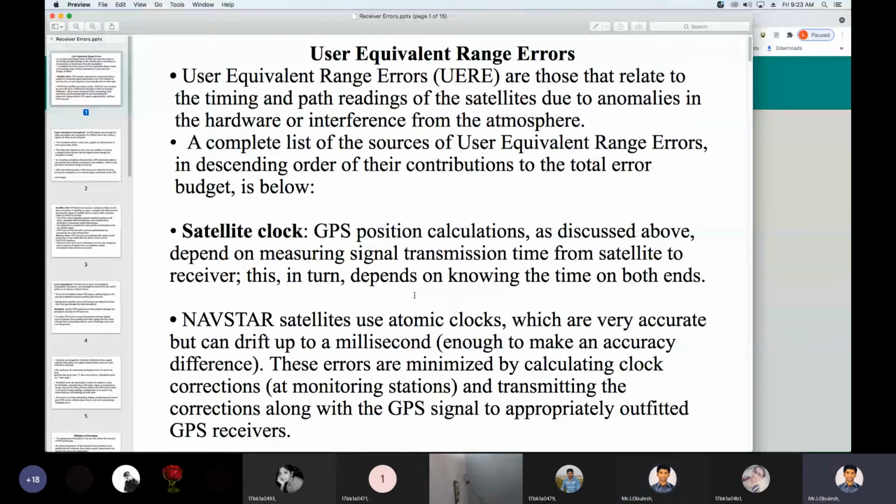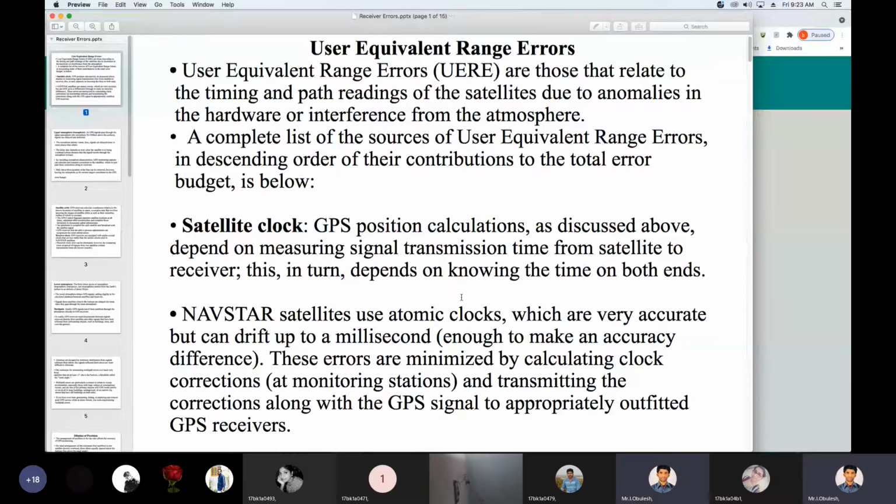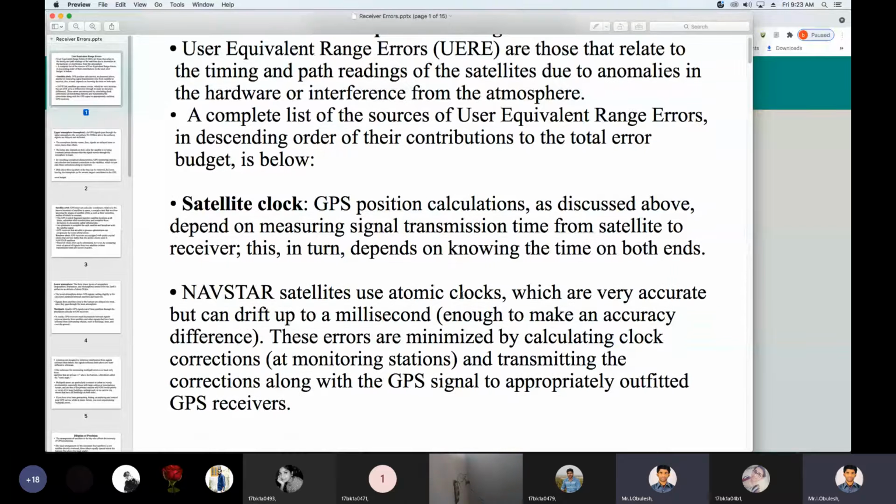A complete list of the sources of user equivalent range errors, in descending order of their contributions to the total error budget, is shown below. First, we have the GPS satellite clock.